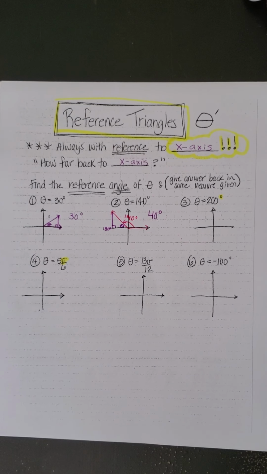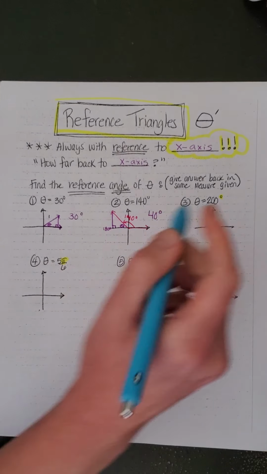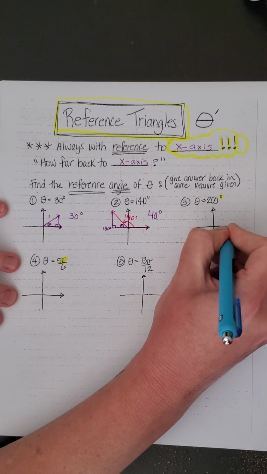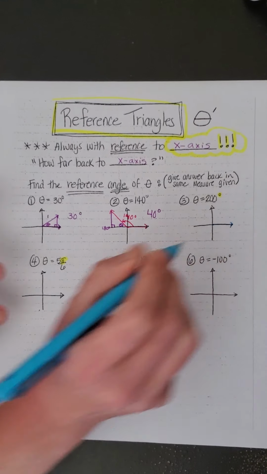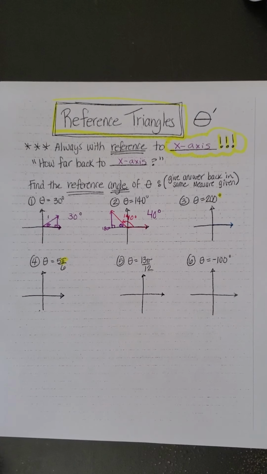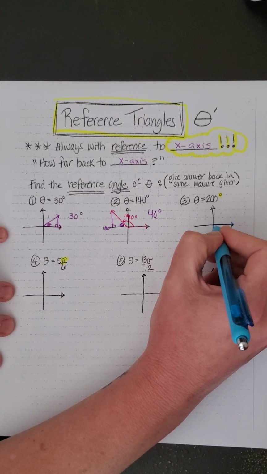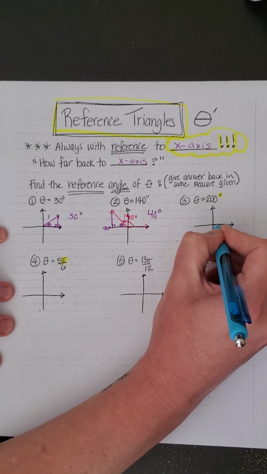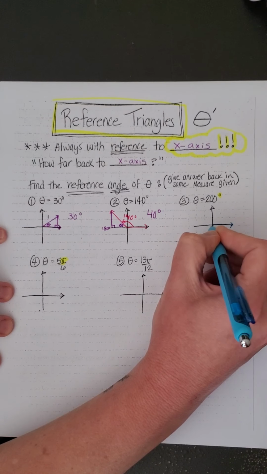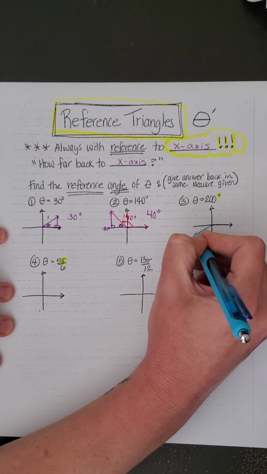All right, the next one, 200. So 200 degrees, I'm going to start here on the initial ray, which is my x-axis, and I'll move 200 degrees. So this is 180, so I would go past 180 by 20 degrees.